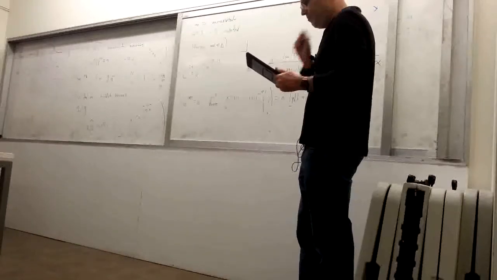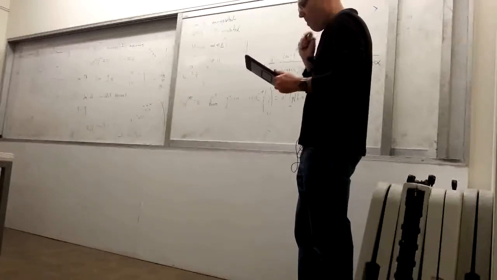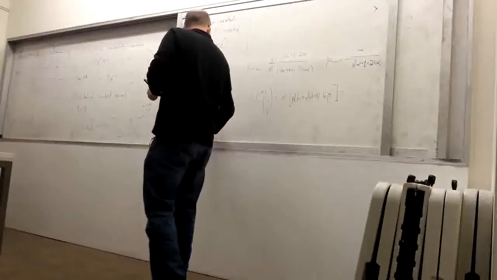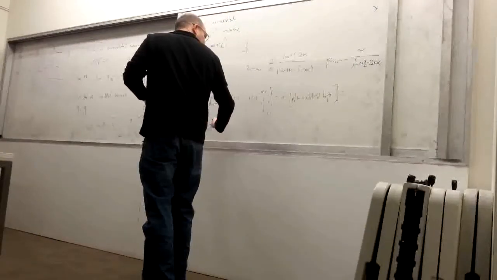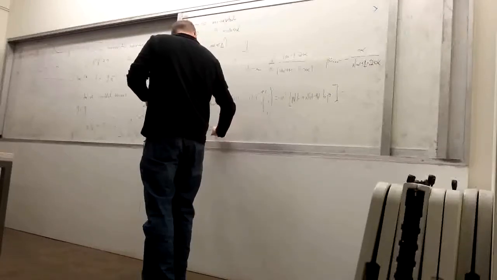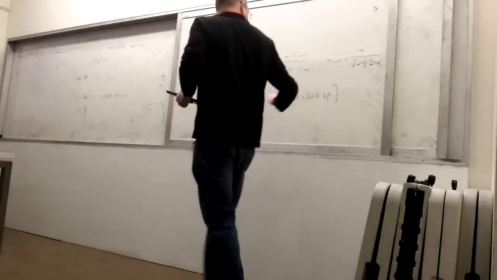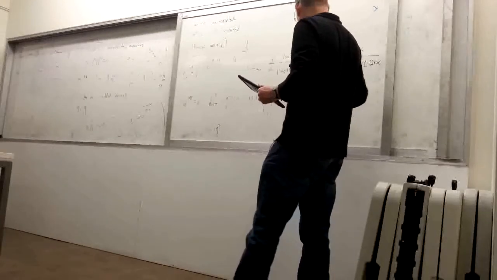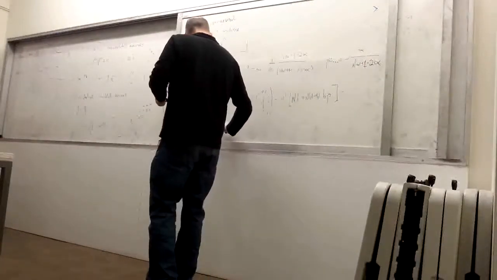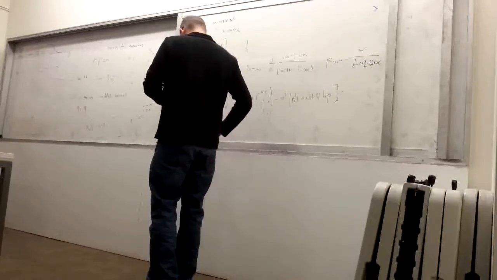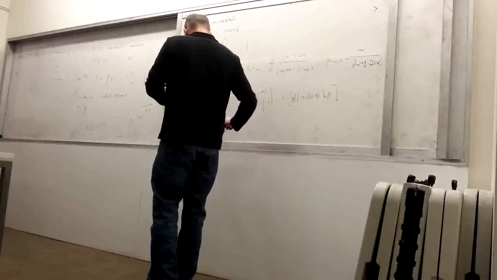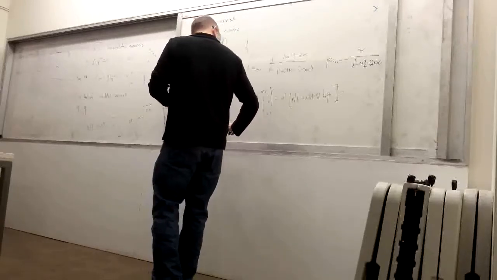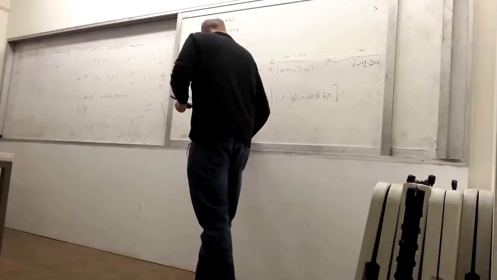So I can write this also as G squared, and everywhere here there is an n and a B, so I can take them out: G squared n B times 1 plus n minus 1 times beta.